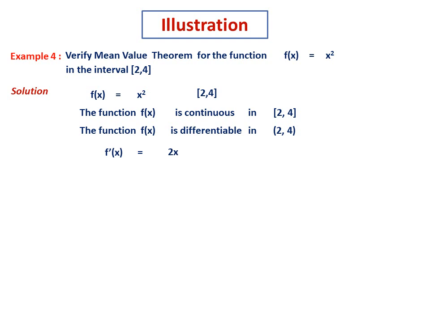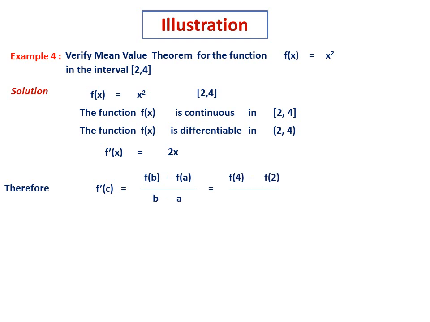Now we have to find f'(x). f'(x) is 2x. The theorem says f'(c) must be equal to f(b) minus f(a) divided by b minus a. Let us find that. This is the third condition.